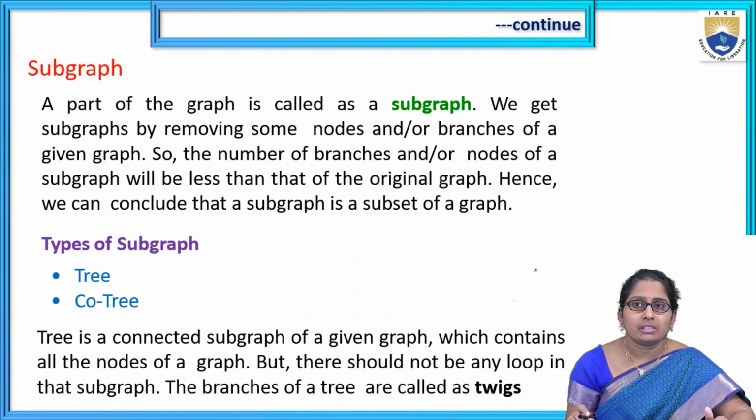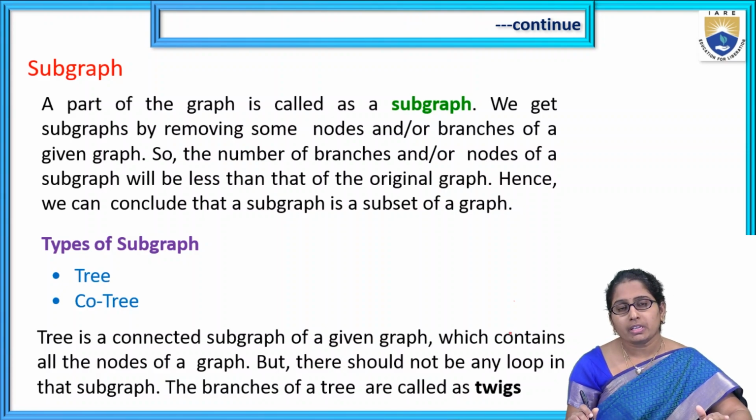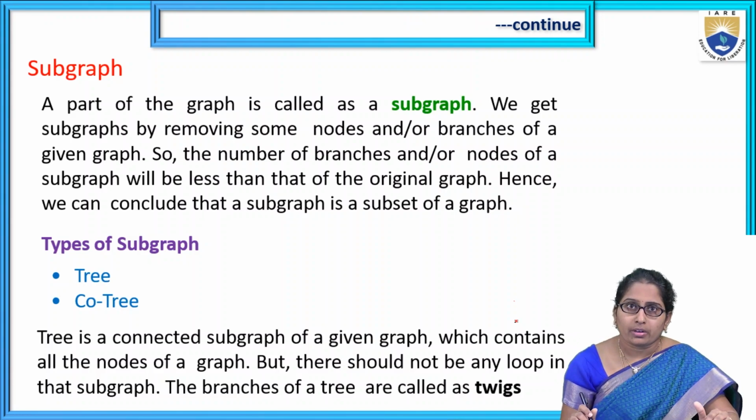This is an important thing because we have problems later based on the knowledge of tree and cotree. So the definition: it is a connected subgraph of a given graph which contains all the nodes of the graph but no loop, that is, without closed path.